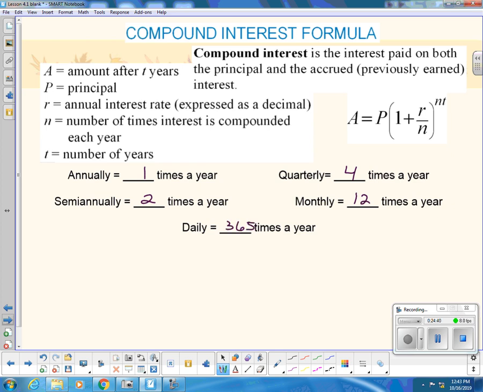Okay. The N shows up in 2 places in the formula. It's under the R and it's multiplying to the T. Time is still in years. It's a little bit more complicated of a formula.